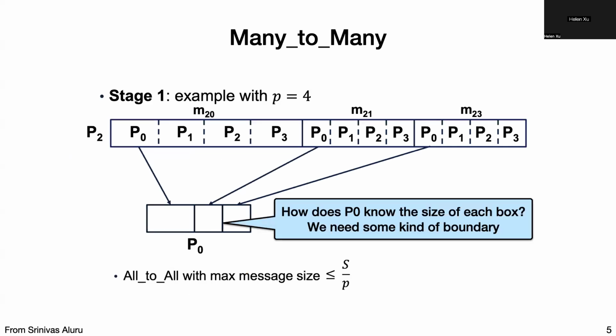Okay, one thing that I glossed over is that this doesn't immediately work. We can cut these up into even pieces, but if you just concatenate them and ship the block of data, you don't know where it ends for every single process. So we need some kind of boundary. That is easy; we could just put a special character or something.